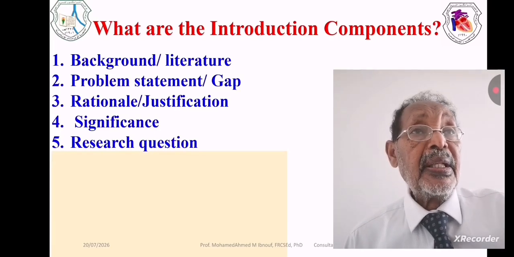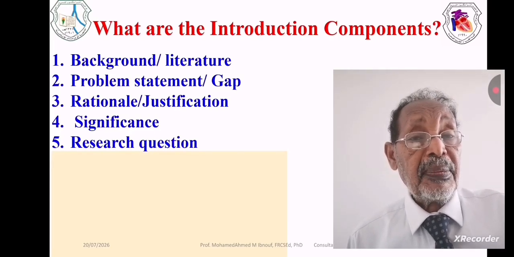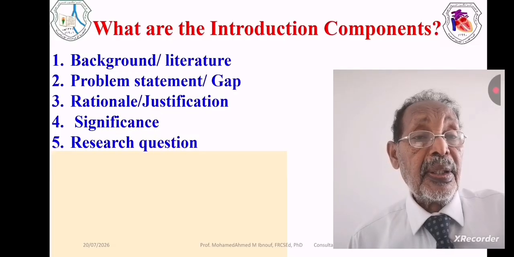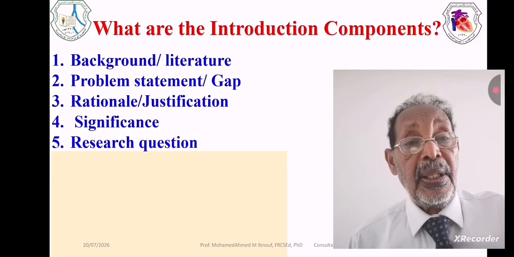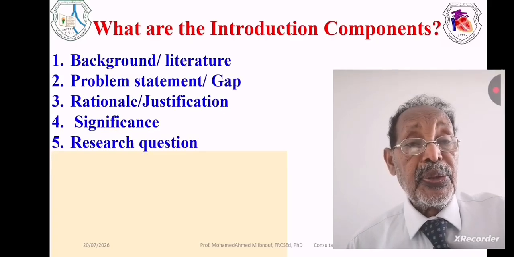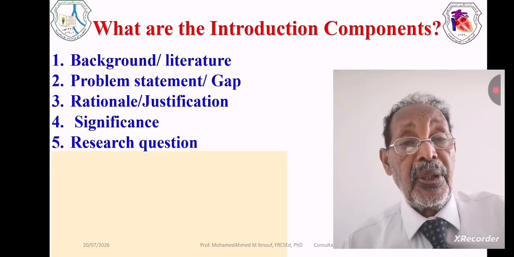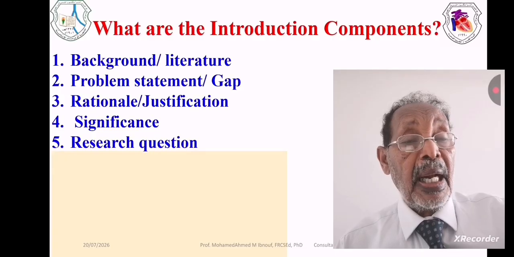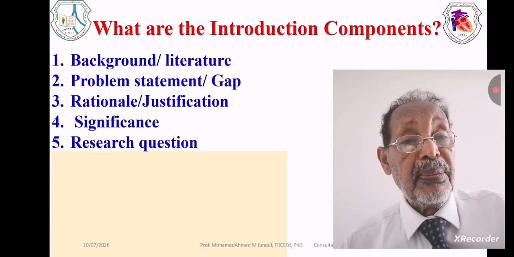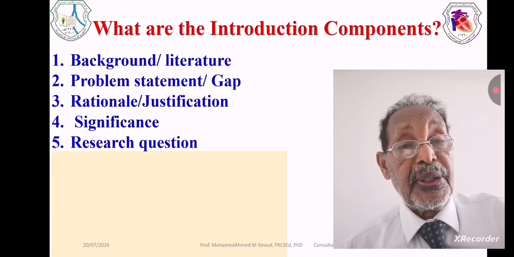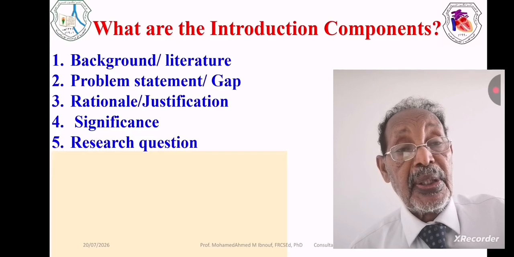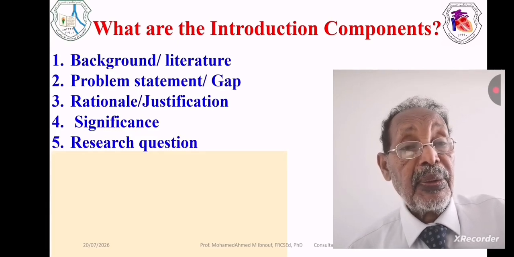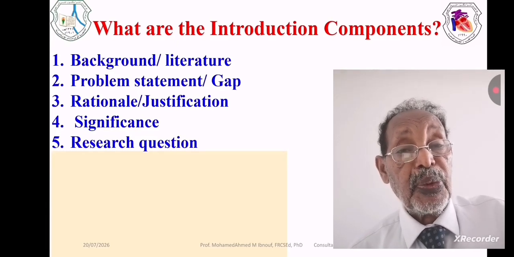And now let us recapitulate again the components, the constituents of the introduction. It is usually made up of a background, striking statements, followed by recent authentic literature, citation number according to the type, is it in a manuscript or is it in a thesis, and we extract, we synthesize the literature to come up with a knowledge gap.